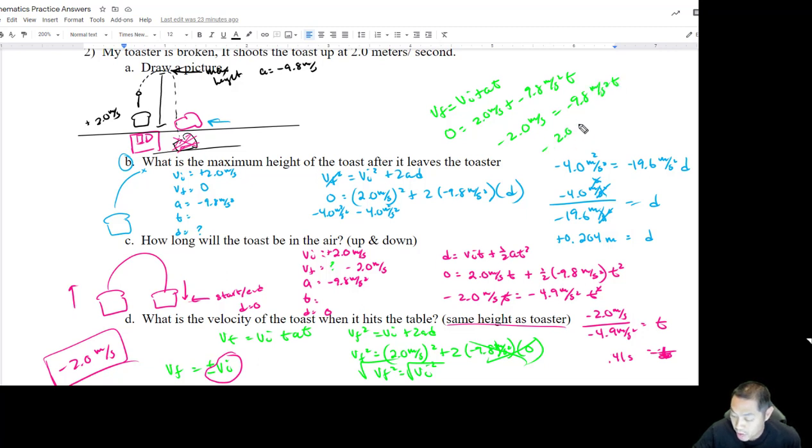Negative 2.0 divided by negative 9.8, and the units will be correct. It'll be the same one as this one. Equals 2 divided by 9.8, and it gives you 0.204. So it's almost the same as here.